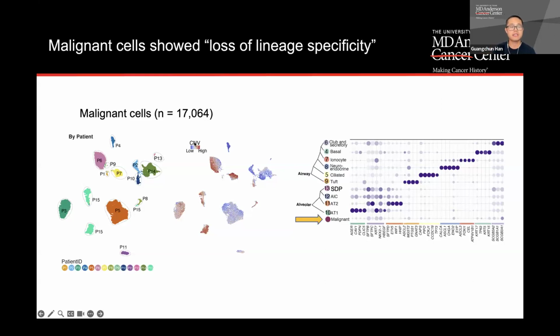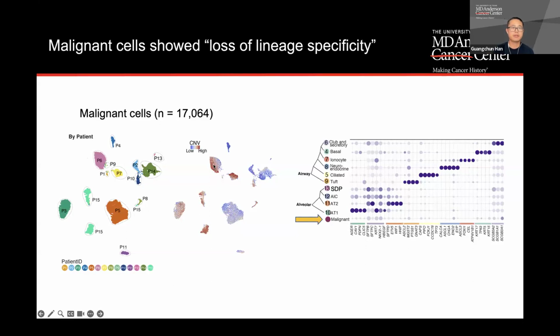On this slide, it shows a clustering plot colored by either patient or the copy number alteration scores. What I want to point out here is that if you look at the copy number alteration scores, you will see the copy number alteration for the malignant cells shows a high level of intertumoral heterogeneity, illustrated by the distinct color patterns of this middle UMAP.